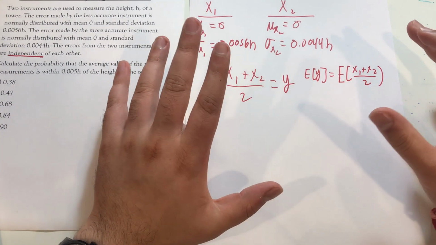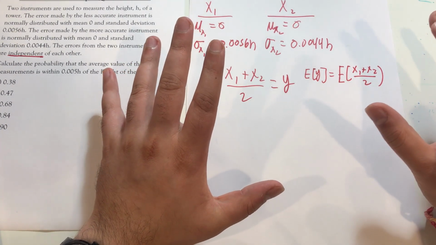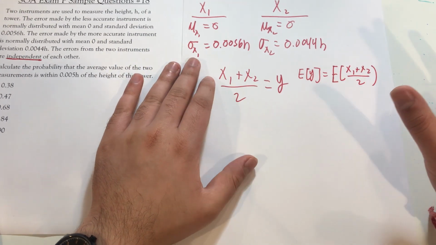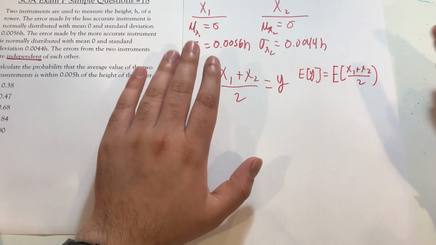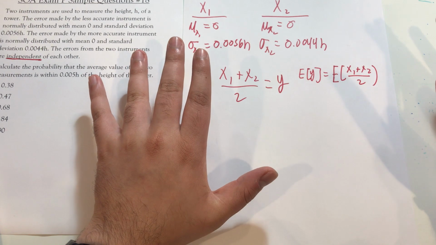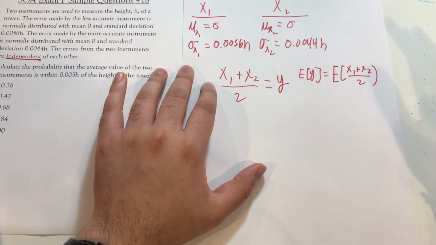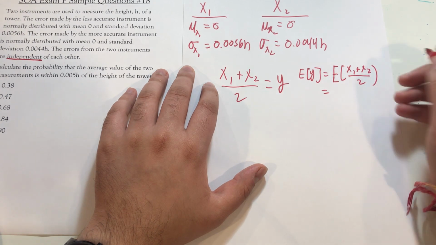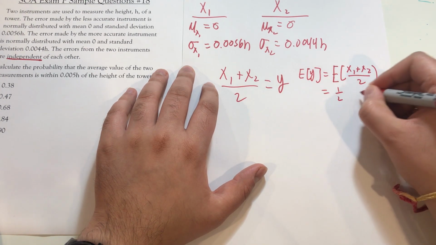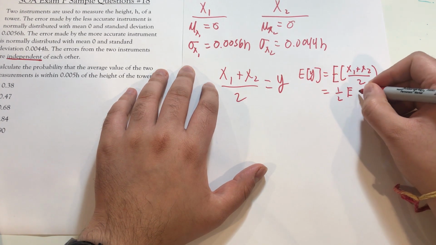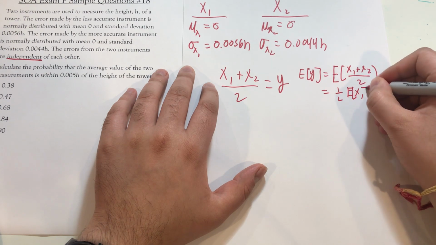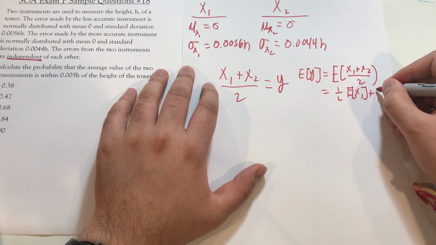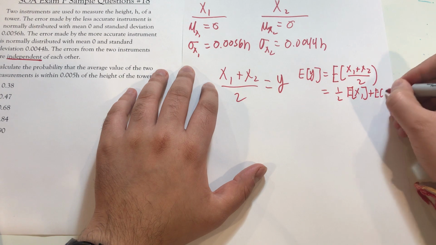And I'm really assuming you're familiar with how to deal with expected value. You should know how to do this before you even get to the point of learning about different probability distributions. So I'm going to take out the constant 1/2 to the front, and then do the expected value of X1 plus expected value of X2.